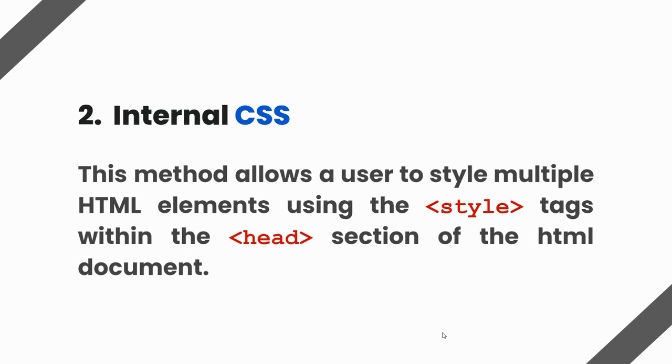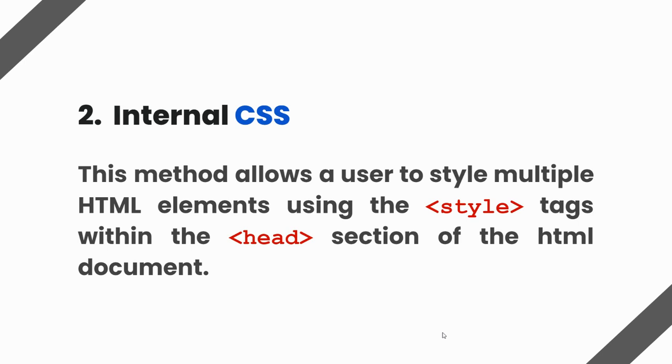Now we should also know that the head section of the HTML document, which holds the meta tags and the title tags, can also hold a style tag. Within that style tag, it will contain the elements we want to style and also the styling format. That's how internal CSS works.